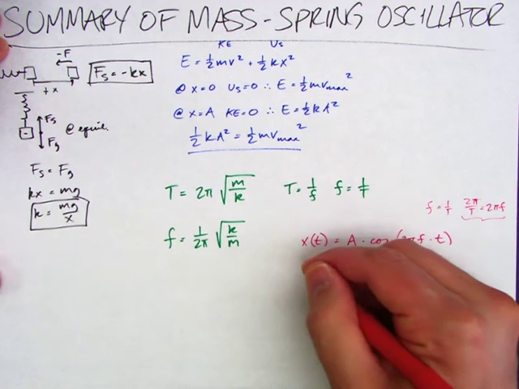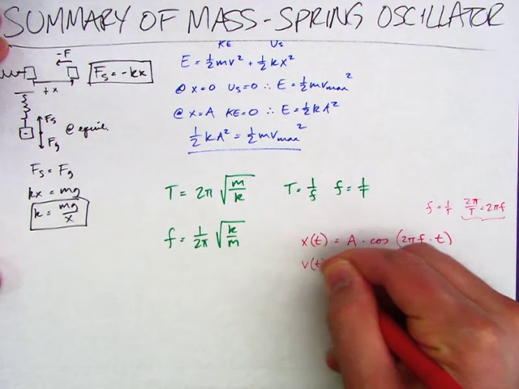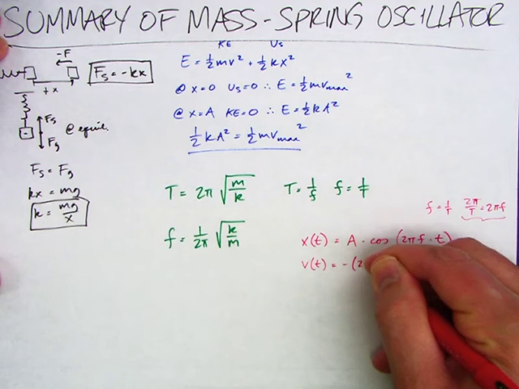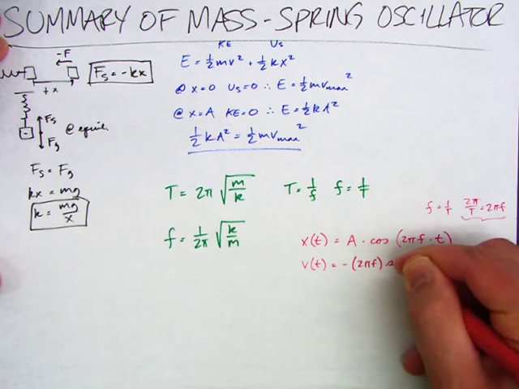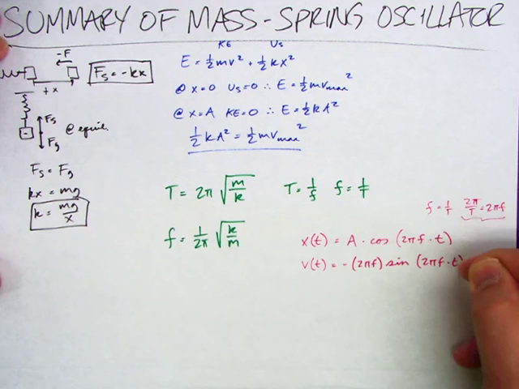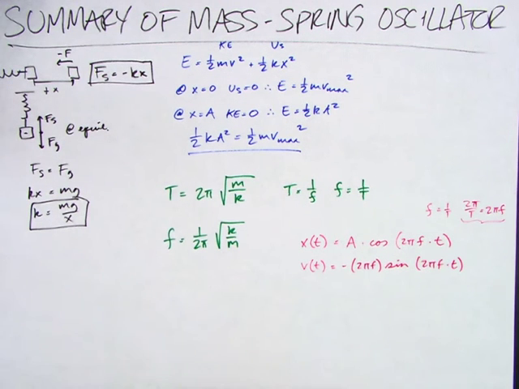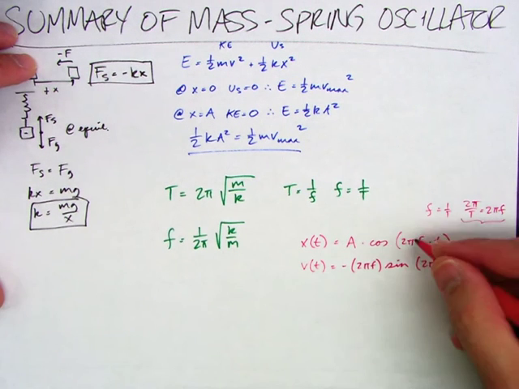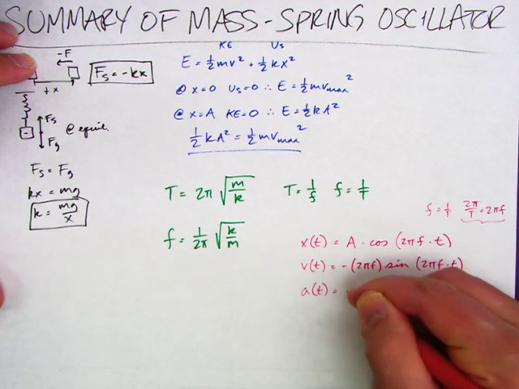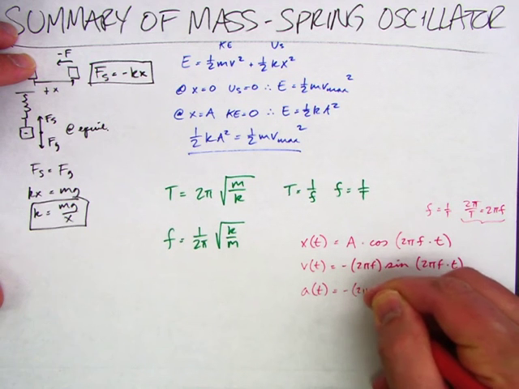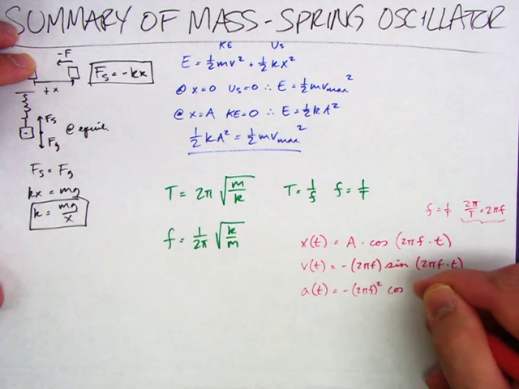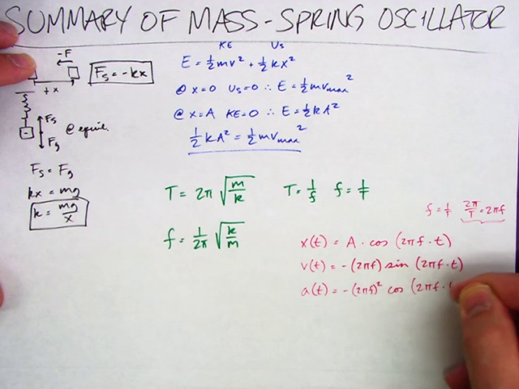We also saw that the speed, or the velocity as a function of time, is negative 2 pi f sine of 2 pi f times t. So essentially flipped and shifted, same phasing though, constant. And then finally the acceleration as a function of time is negative (2 pi f) squared times the cosine of 2 pi f times t.